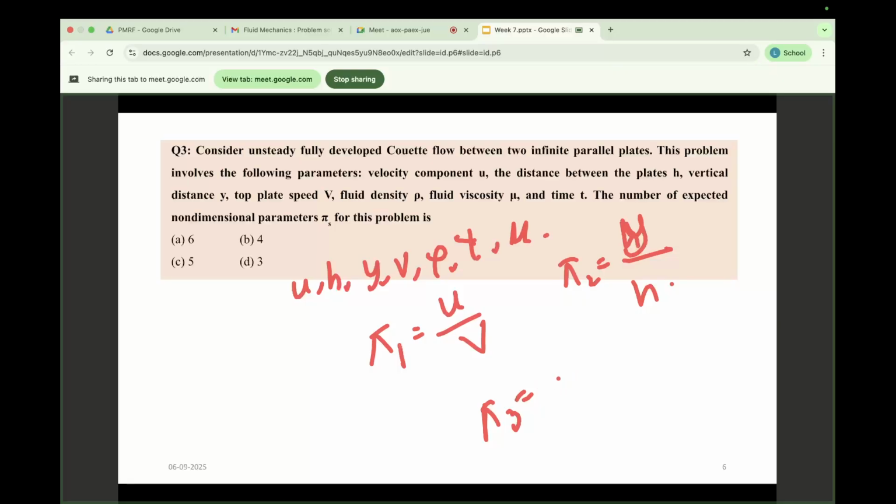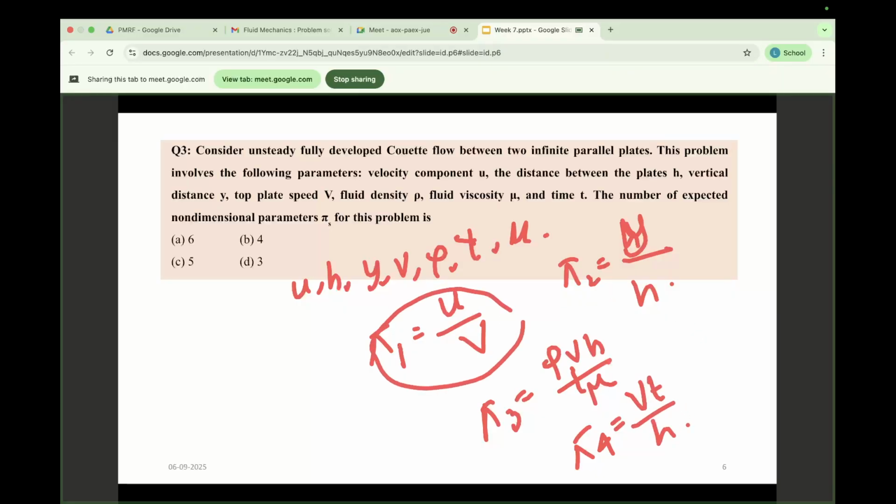So pi 3 can be written as, sorry, this is mu. Some issue is coming on this board. So these are the 4 terms that can be.